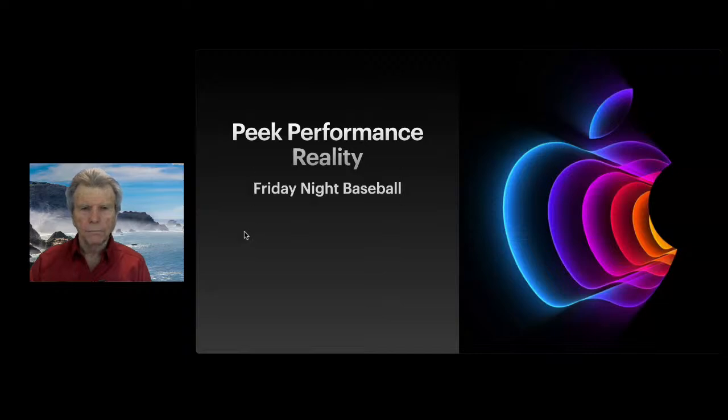So here's what happened. They announced that they're going to be carrying Friday Night Baseball on Apple TV Plus. So you sports fans will have another source for baseball. They announced an iPhone 13 in green and an iPhone 13 Pro Max in Alpine green. Of course, they did announce the iPhone SE as predicted, and an Apple iPad Air with an M1 chip.